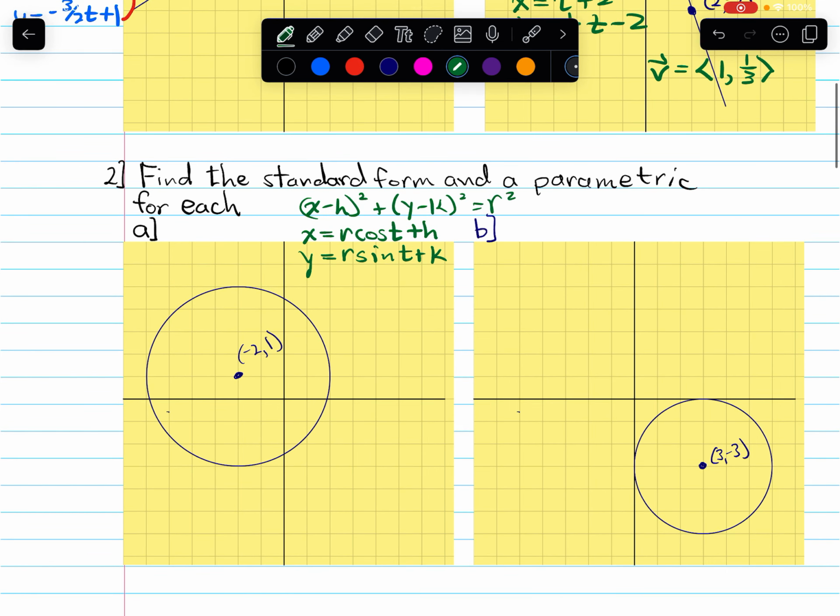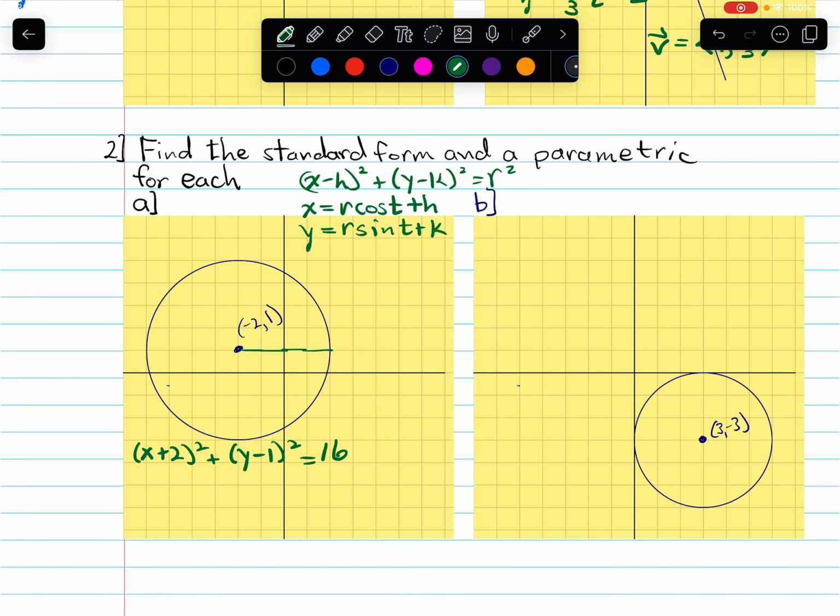So let's see what the formula is here. We've got x plus 2 squared plus y minus 1 squared equals, let's see what the radius is. 1, 2, 3, 4. So 4 squared is 16.